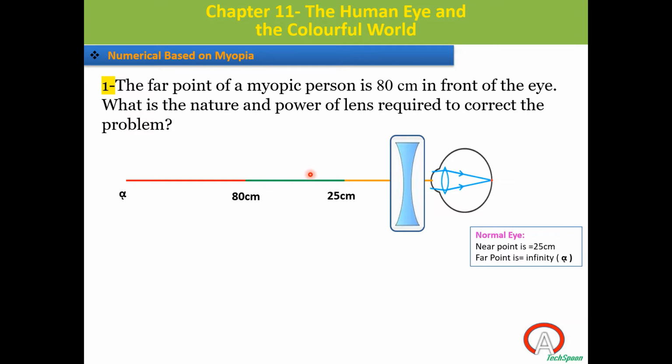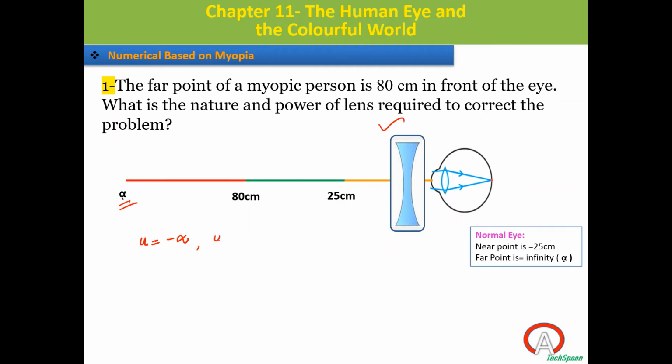Now I am taking here. What is the object distance here? Minus infinity, u with respect to this lens. With respect to this concave lens, the object distance is infinity.